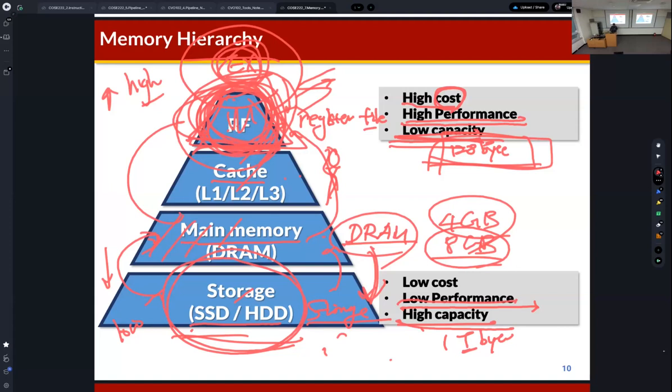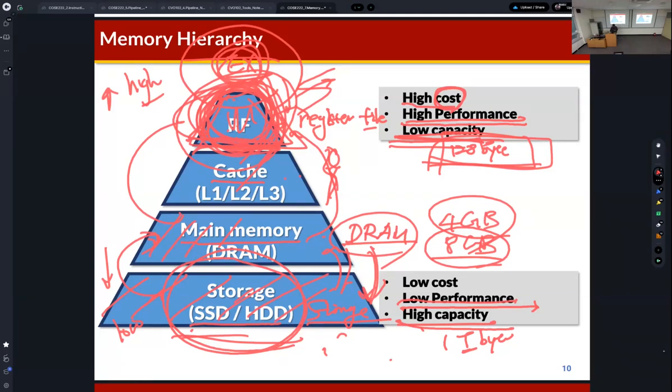Okay? So we can quickly access the data in this high-level memory. But we also require large-sized memory because we have a very large amount of data. This large amount of data is stored in the low-level memory. Very slow, but the capacity is very high.